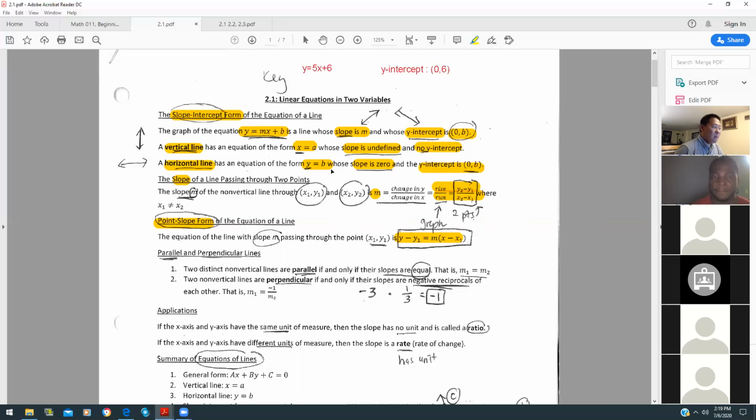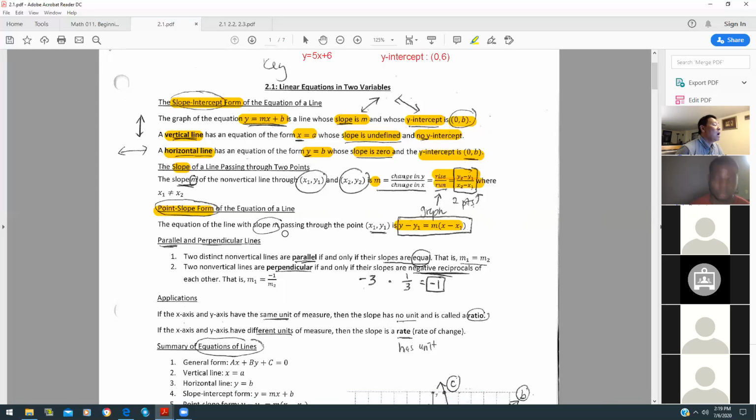So there are so many equations, so many formulas. The most important formulas I want to tell you here are definitely y equals mx plus b and your slope equation, (y2 minus y1) over (x2 minus x1). This one you can kind of skip, because you can still use the other equations to find the equation of a line. You will see it in some examples. I'll give it to you later on.